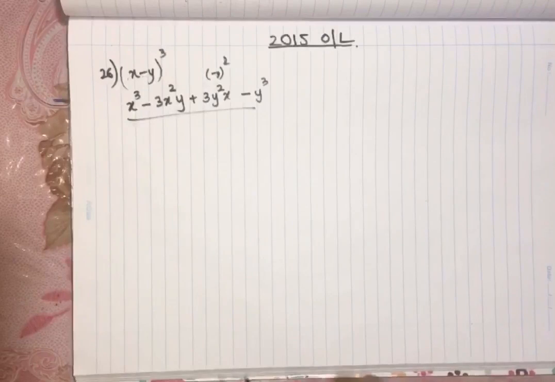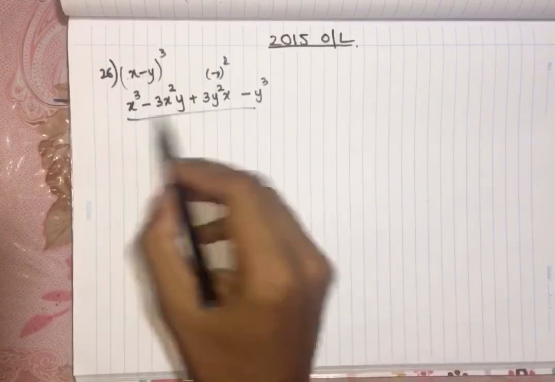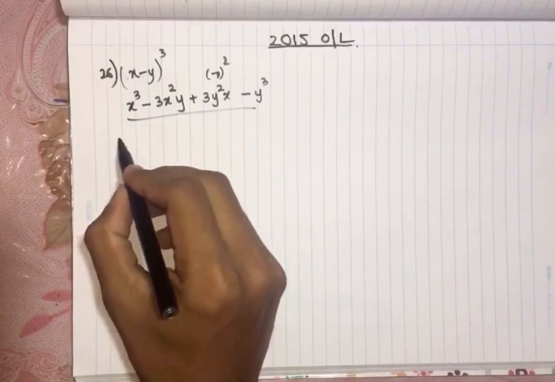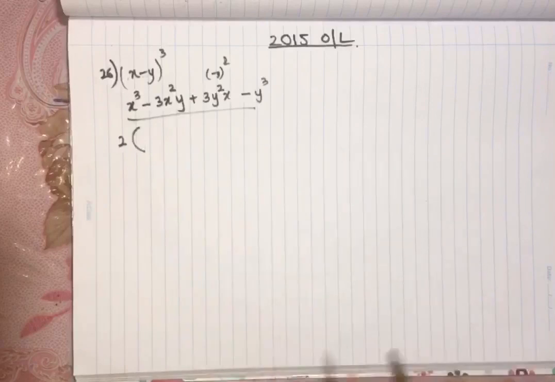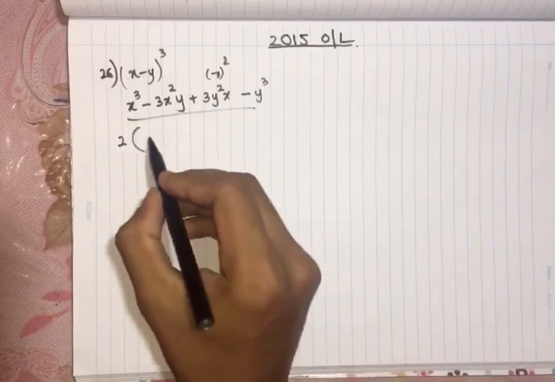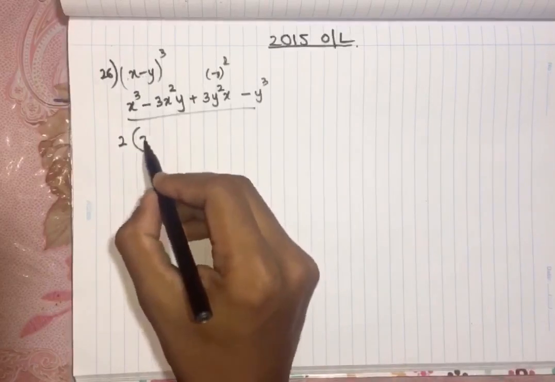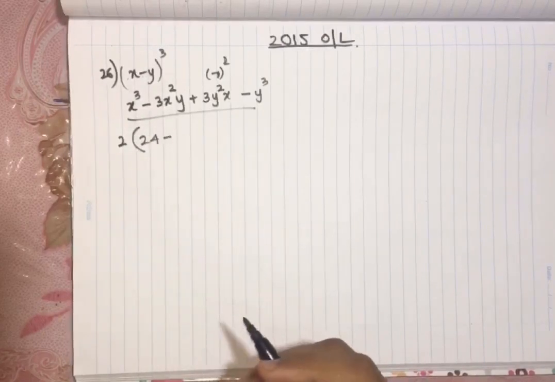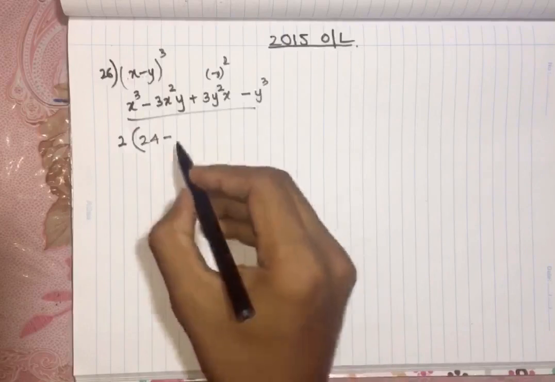So in our question also, the expansion is given in numbers and in front they have given 2. Therefore you can write it as 2. What is the number given? They have expanded 24 to the power 3. Therefore 24 minus, it should be minus because you have minus terms. What is the other number? It's 4.